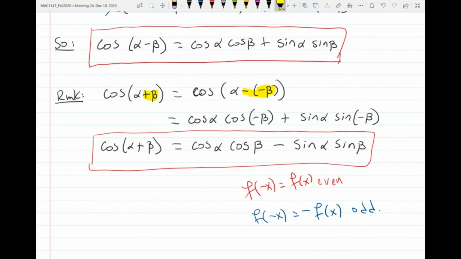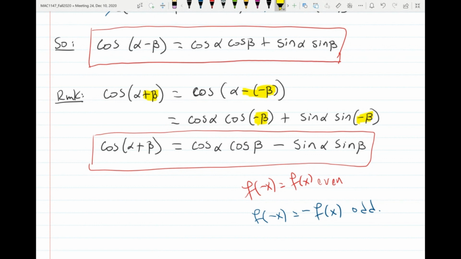You see that? And why did we do that? Because we wanted to have a subtraction. We wanted to have a difference of two angles, so we could use the formula that we have from above. So that's why we have a negative beta here instead. But then we use the even odd identity to clear up the negative inside.